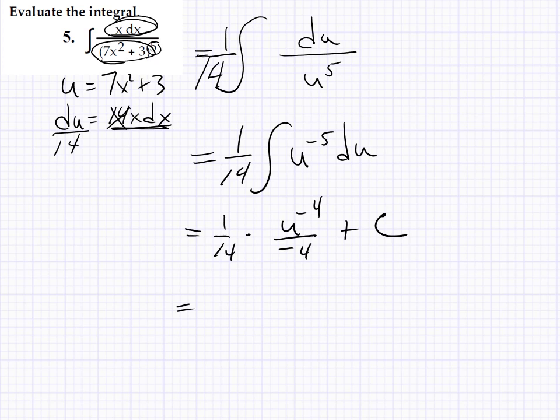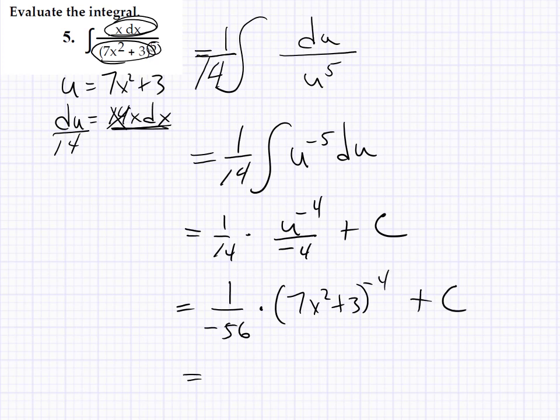Well, 14 times negative 4 equals negative 56. So we got 1 over negative 56 times u, which was 7x squared plus 3 to the negative 4 plus c.